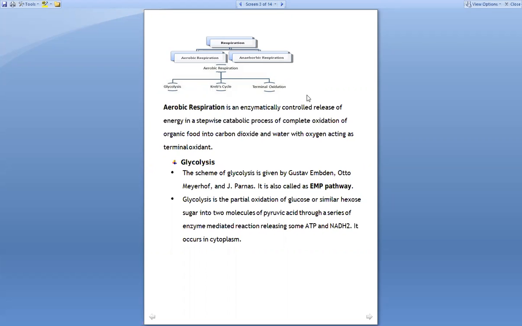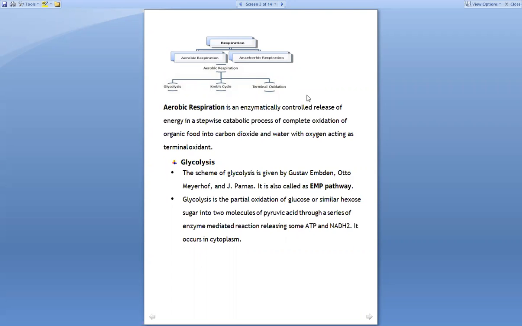So the release of energy takes place with the help of enzymes in a stepwise manner, and it is a catabolic process of complete oxidation. Catabolic means the breakdown, right? The breakdown of complex molecules takes place, that is, the complete oxidation of the organic food, and it converts those complex molecules into simple forms, that is, carbon dioxide and water.